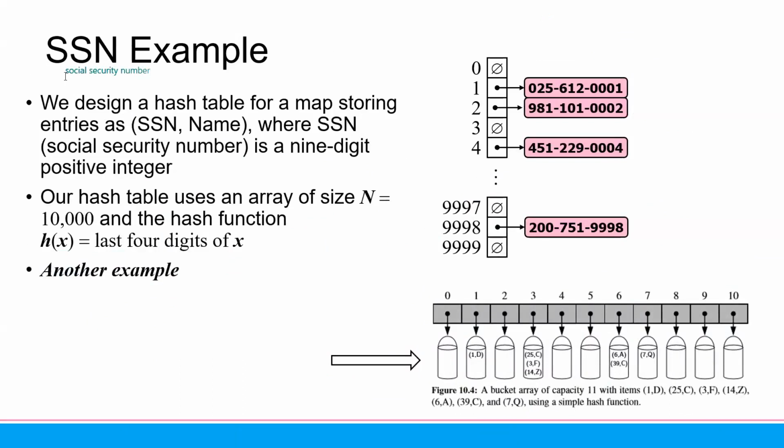We can design a hash table for a map storing entries of (SSN, name). So I'm going to design a map, and the map contains the key, which is the social security number, and the value is the name. This SSN is a 9-digit positive integer.